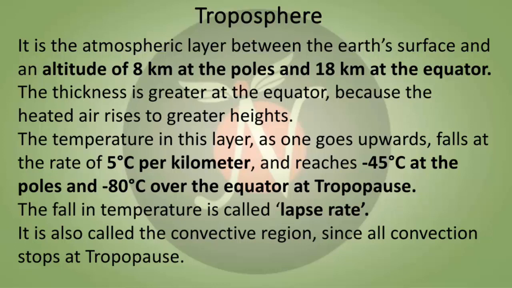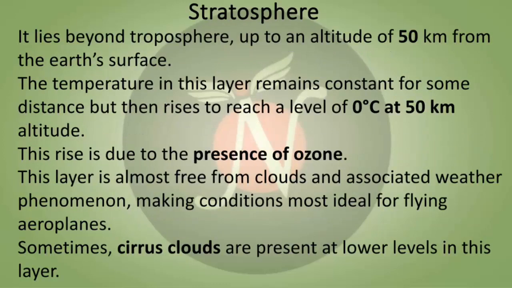The fall in temperature is called lapse rate. It is also called the convective region, since all convection stops at the tropopause. Tropopause is the layer between the troposphere and stratosphere. The stratosphere lies beyond the troposphere up to an altitude of 50 km from the Earth's surface. The temperature in this layer remains constant for some distance, but then rises to reach a level of 0 degrees at 50 km altitude.